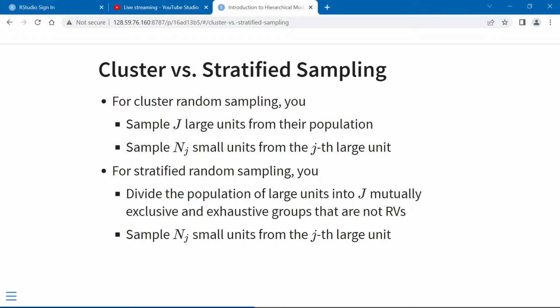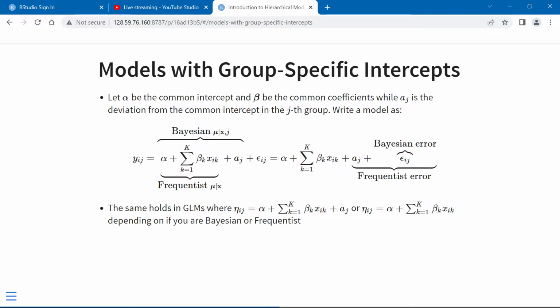From a clustered random sampling, both the big units and the small units are ostensibly randomly sampled, in which case, from a frequentist perspective, the distribution of your estimator under clustered random sampling is going to be different and complicated and needs to get worked out, because you have two levels of randomization going on here.